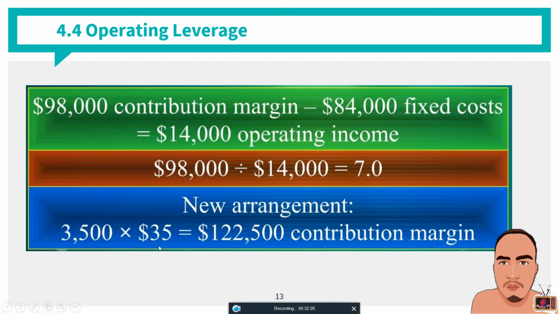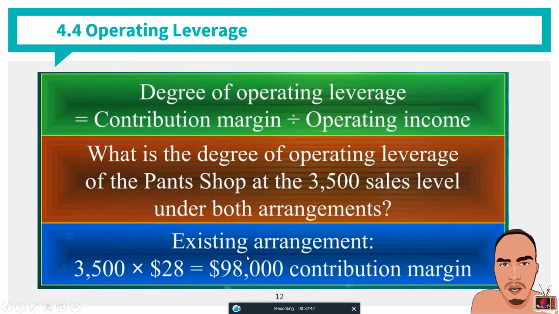So you are now visualizing the operating leverage of your business with this formula. So it equals 7. Your new contribution margin is 122,500, from which previously was 98,000 contribution margin.